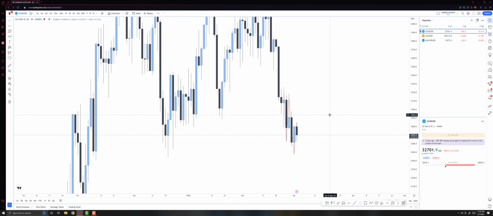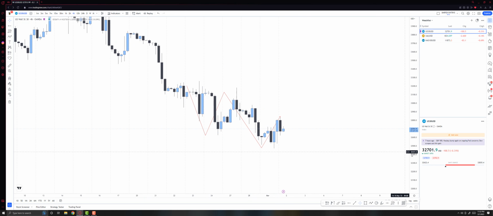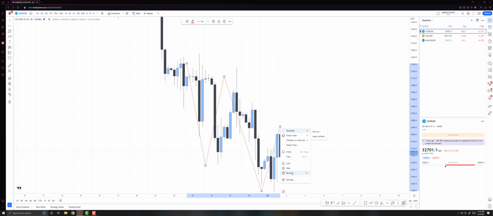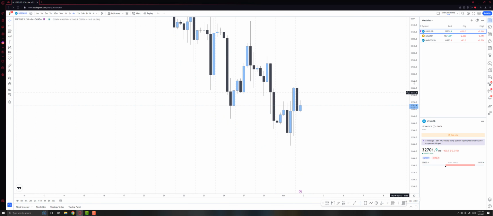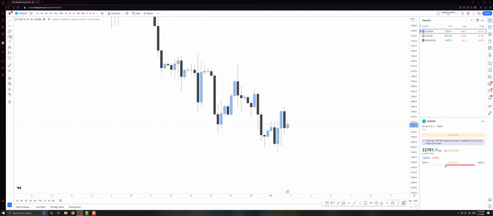Now I'm going to drop to the 4 hour and see exactly what the market is doing here. On the 4 hour, we understand that overall we're creating lower lows and lower highs, but does the market look bullish or bearish here? You can see that we have a bullish kind of momentum on the 4 hour.